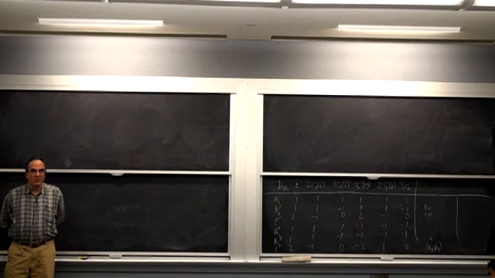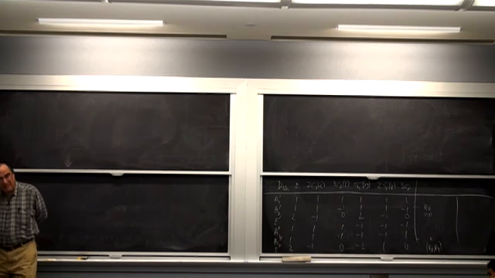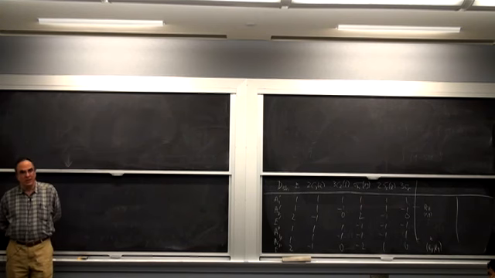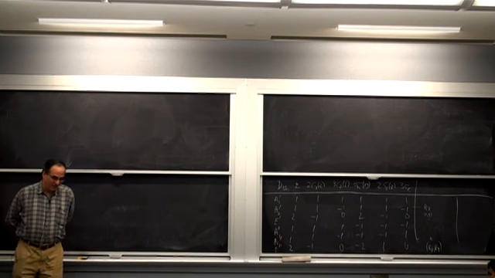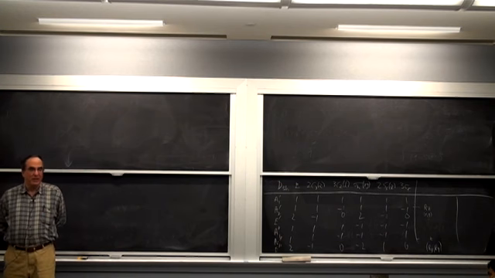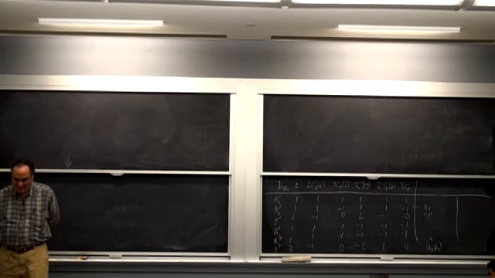A similar thing happens with formaldehyde, although the change in structure is not so dramatic and is more subtle. Formaldehyde in the ground state is planar, and in the excited state it's bent, but the barrier to planarity is very low. So one uses group theory to look at the spectrum, and you see two different answers depending on whether you're looking at low vibrational levels or higher vibrational levels.